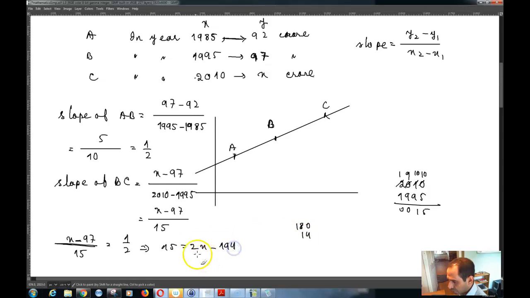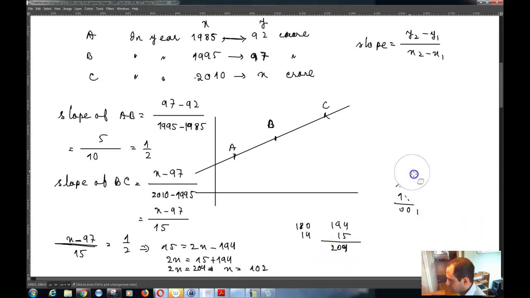So 2x is equal to 15 plus 194, 194 plus 15 is equal to 204. 2x is equal to 204, so that means that x is equal to 102. That means that in year 2010 the population is going to be 102 crores.